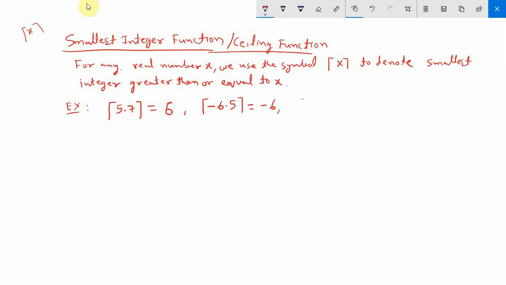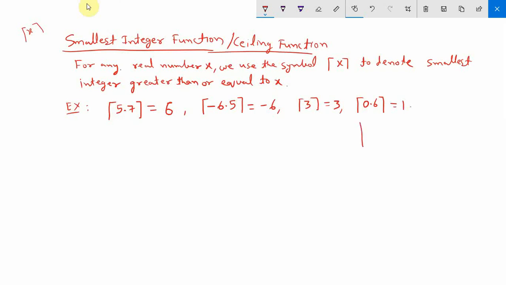Similarly, if it is an integer, the value of the smallest integer function will be the integer only. If it is a fraction like 0.6, we have to see the integer greater than 0.6, which will be equal to 1. So like this we can define.